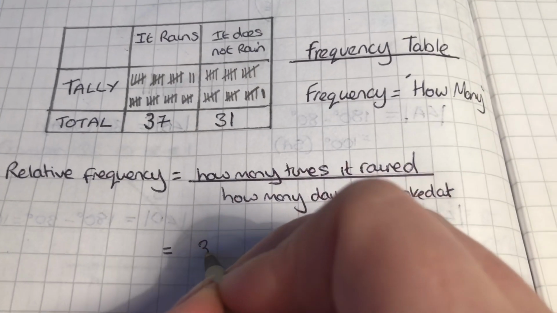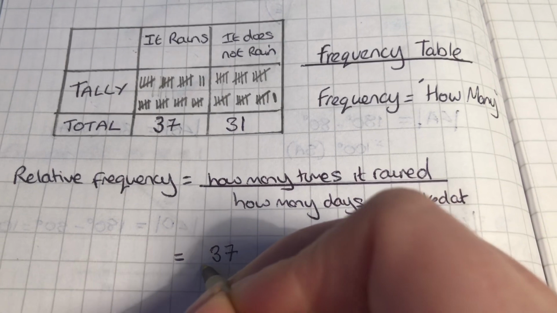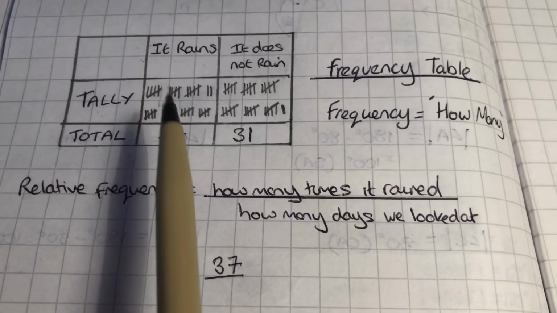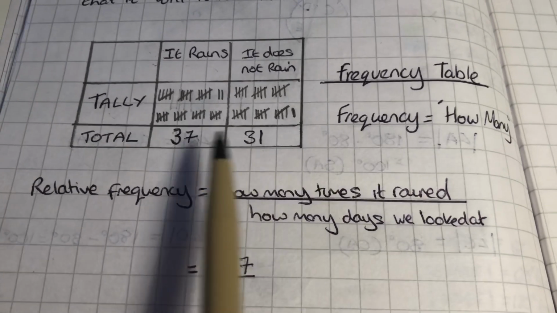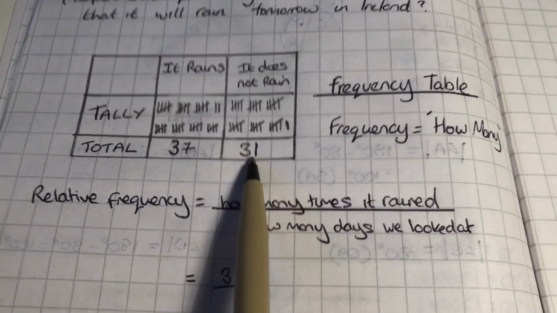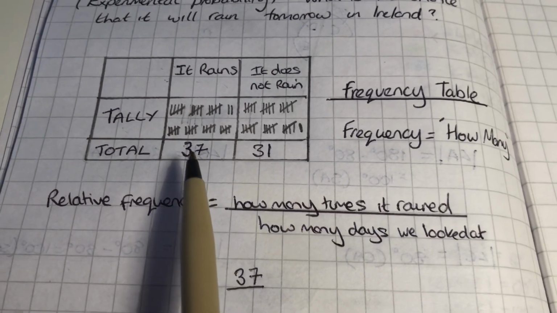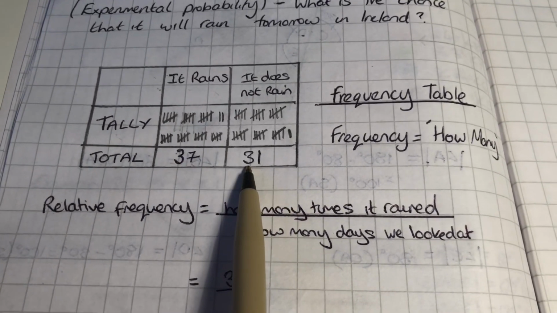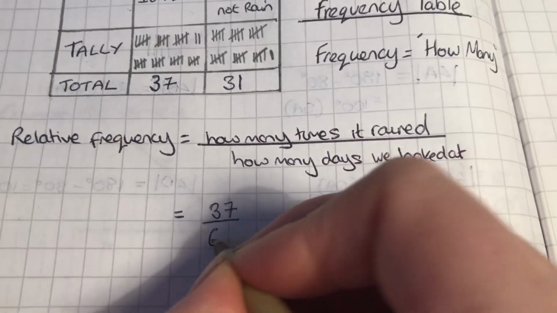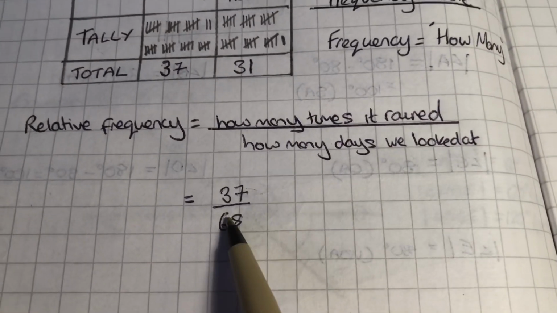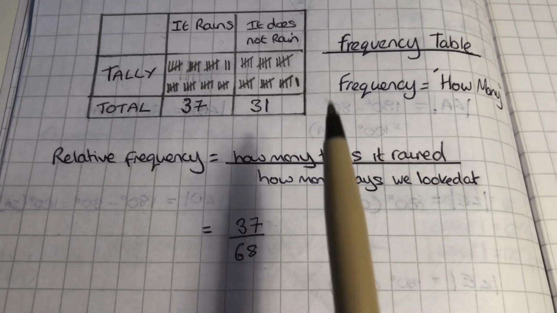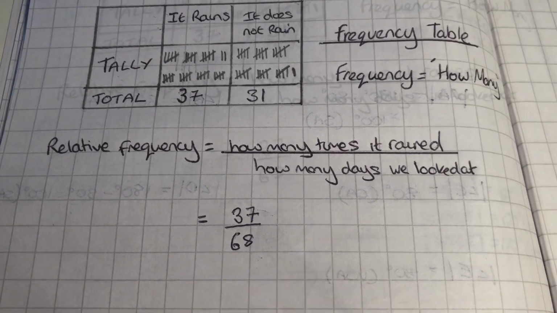So that was 37. And then for our denominator, how many days we looked at, well, 37 days rained and 31 days didn't. So together, the 2 of them will make our total number of trials. So 30 plus 30 is 60, 67, 68. So 37 out of the 68 trials were days that it rained.